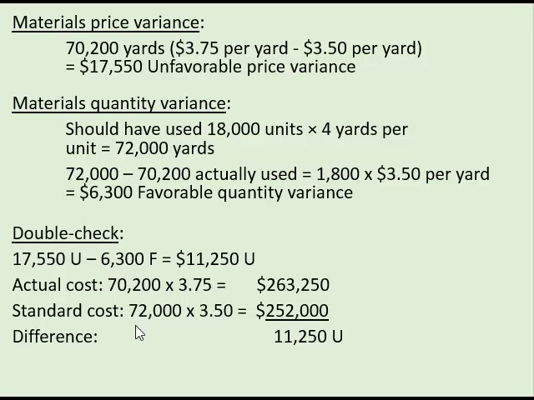And the standard cost would be the standard quantity of 72,000 yards that we calculated up here, multiplied by the standard price per yard. So that gives us the standard total cost. And we can see that the difference of 11,250 is exactly what we got up here when we combined the price and quantity variances.